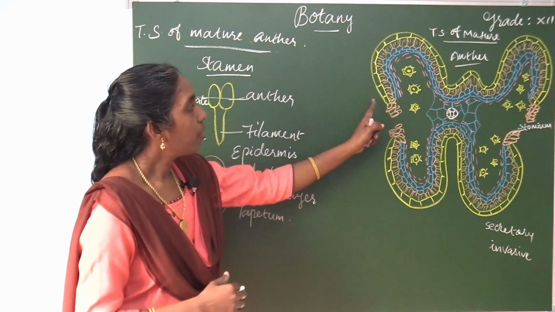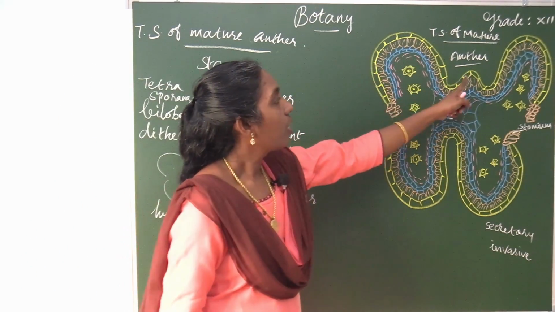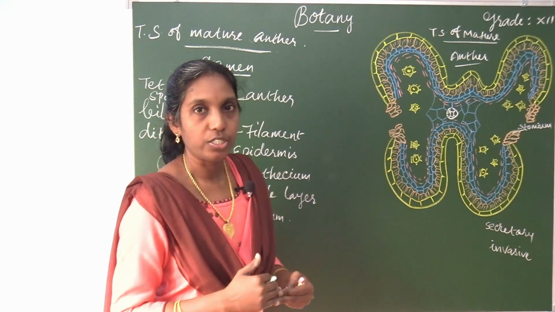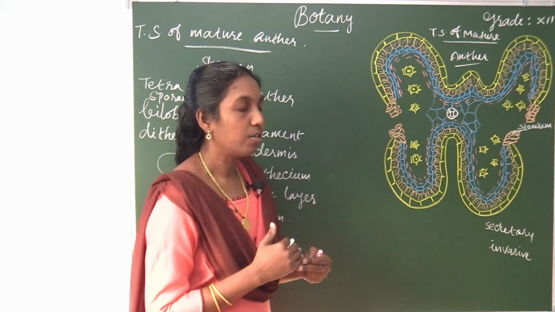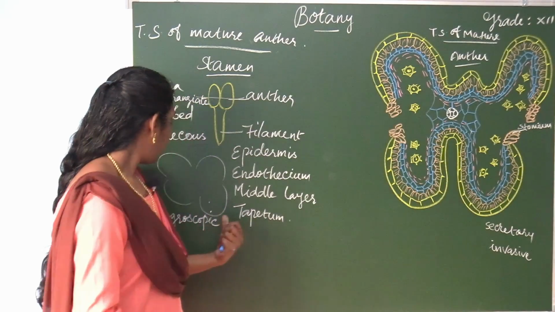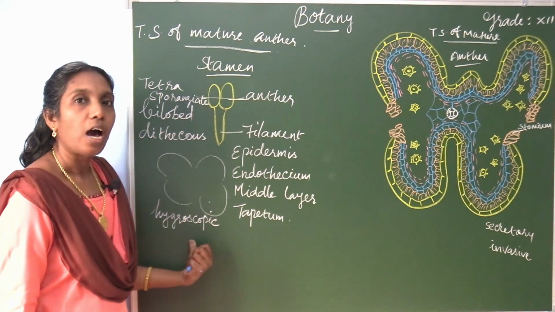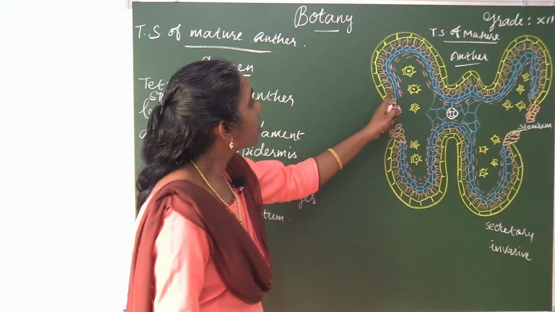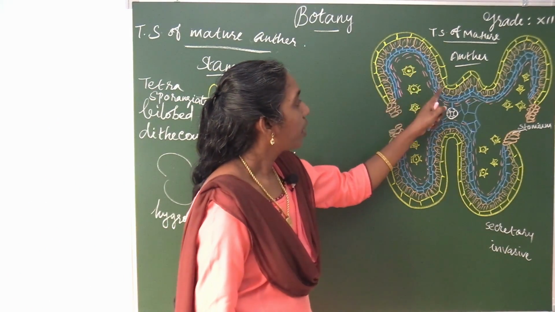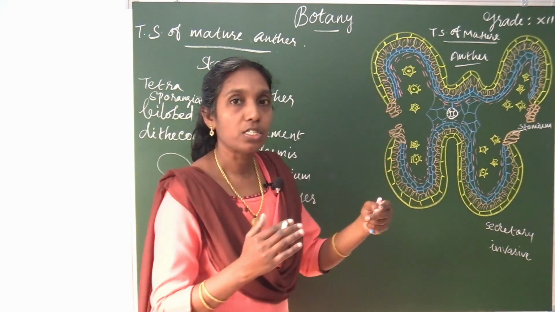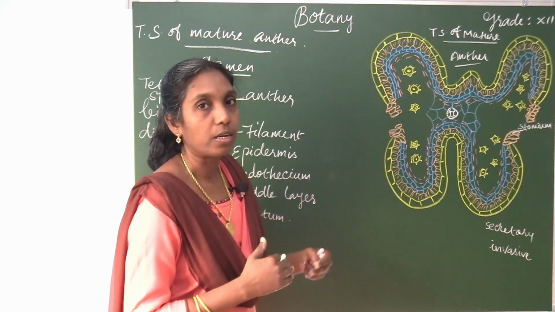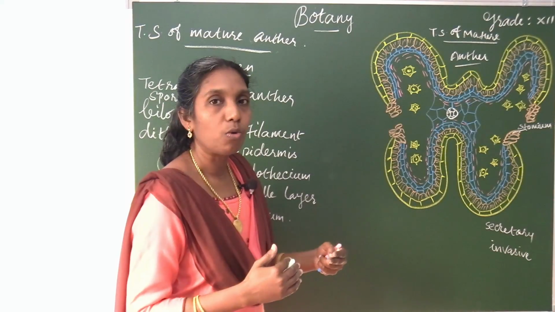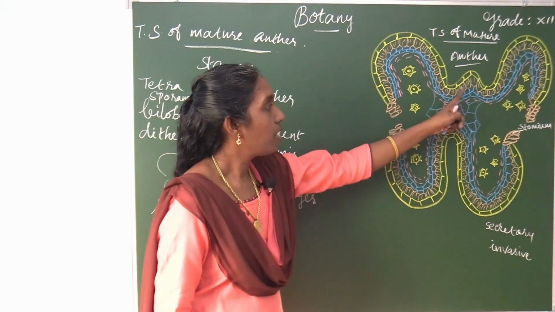So inner to the epidermis there is a single layer of cells which is called endothecium. The nature of endothecium is hygroscopic, which contains bands of alpha cellulose in the tangential walls, sometimes in the radial walls of the endothecium layer.